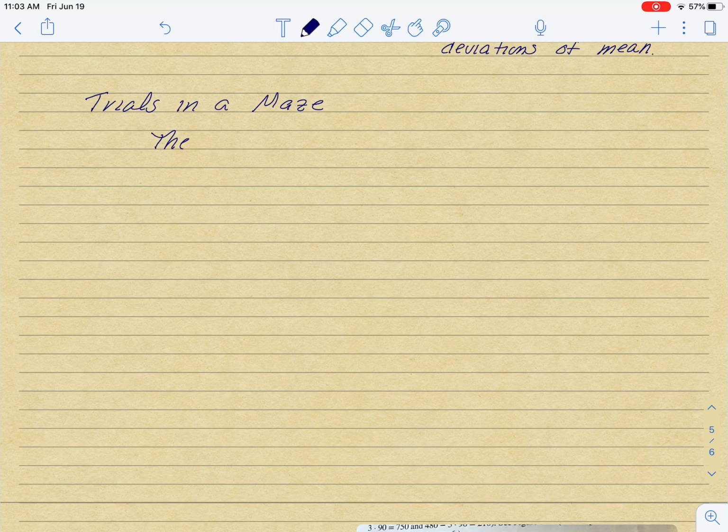So the average number of trials a sample of mice took to traverse a maze was 12.